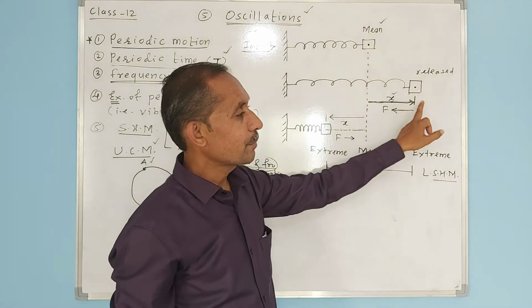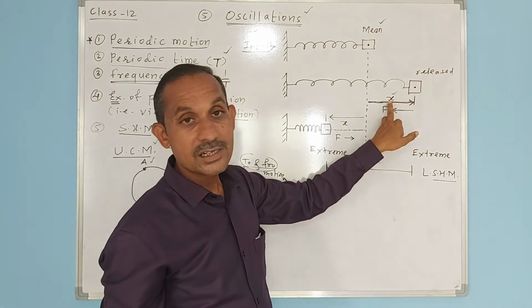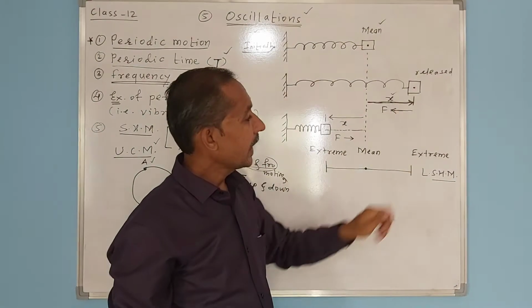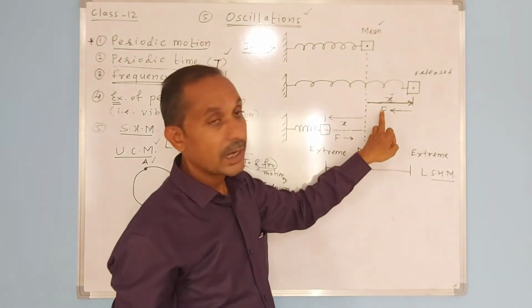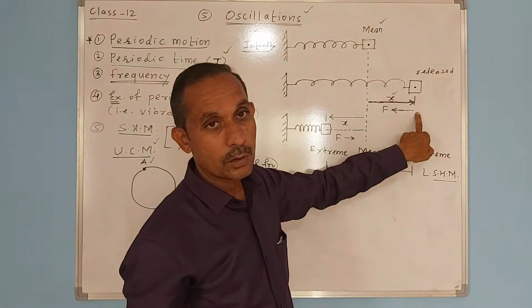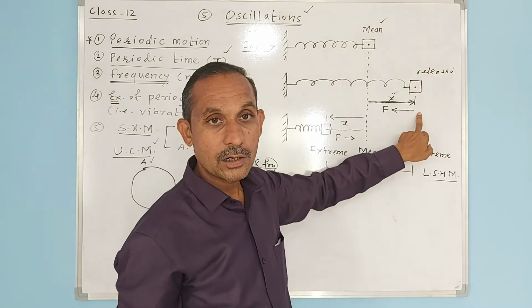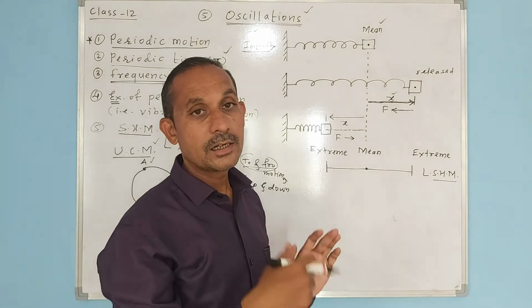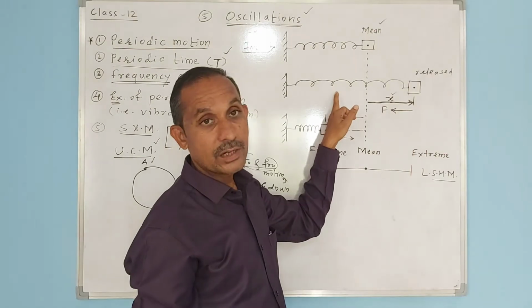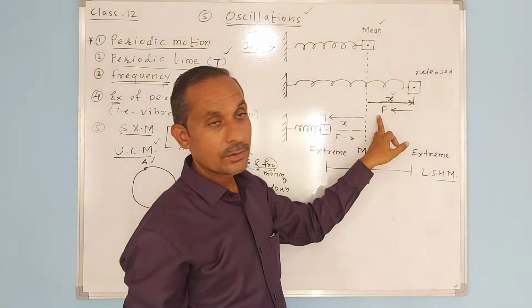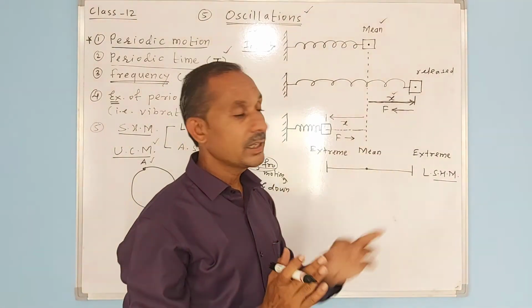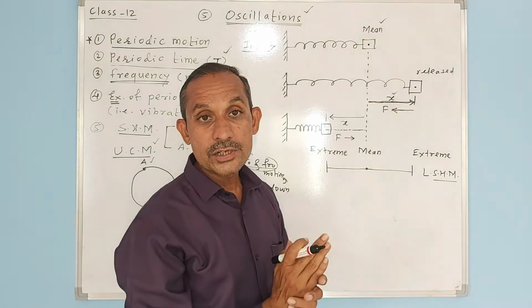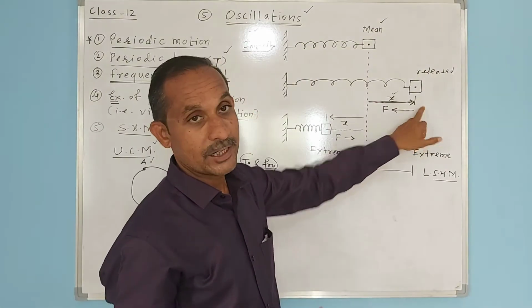When the body is displaced through the distance x, the force F will act on the body. The spring will exert force F on the body, and this force is opposite to the displacement.